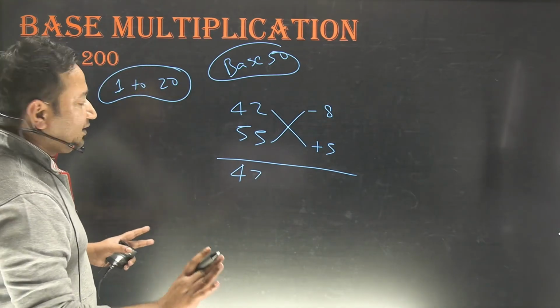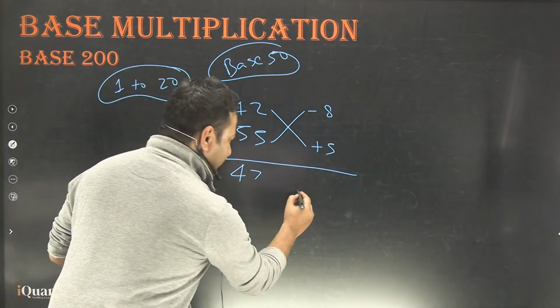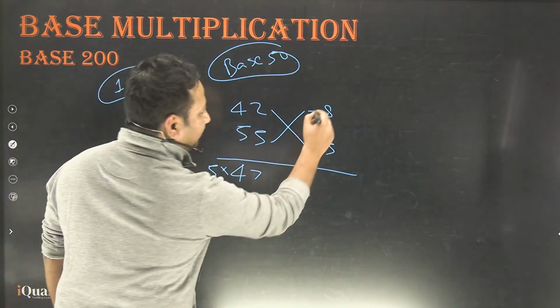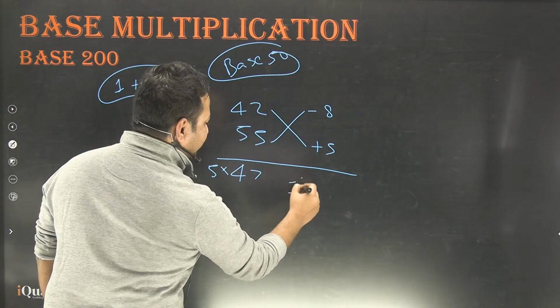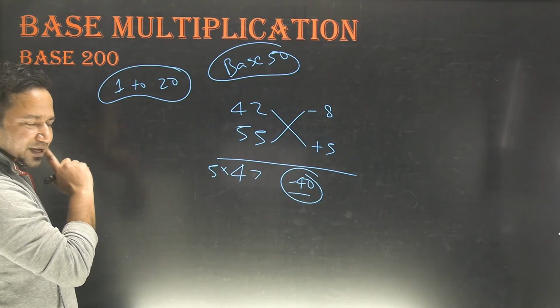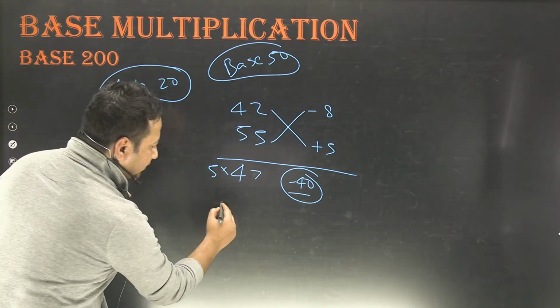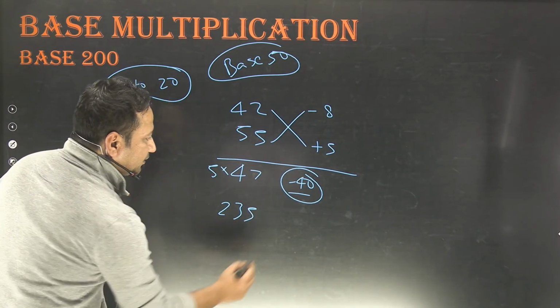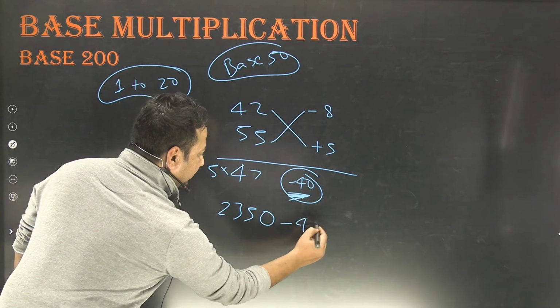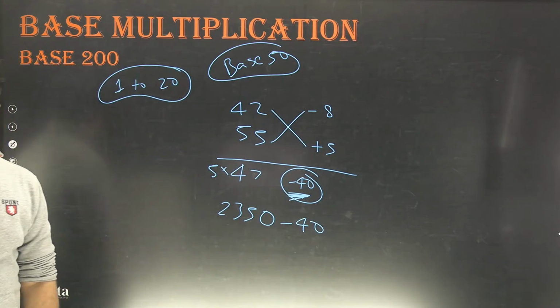Base is 50. Only one digit is allowed over here, and we need to multiply this by 5. All right. Minus 8 into plus 5 is minus 40. Okay, cool enough. 5 into 47 will be equal to how much? 235. Only one digit, so only one 0. Then subtract 40 from it and you get the answer. Clear?